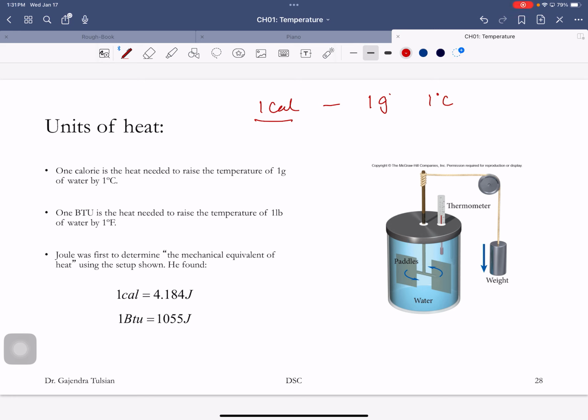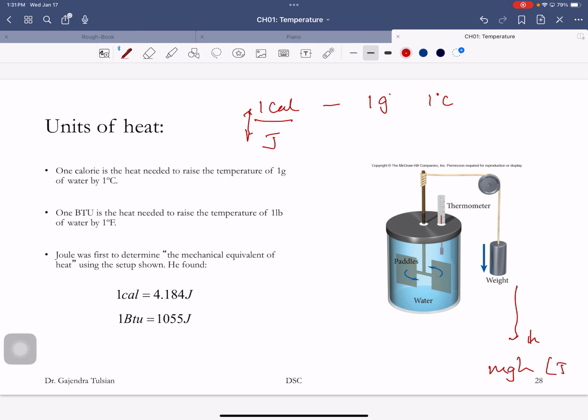Now, once they realized that heat is random kinetic and potential energy and all, they wanted to know how many joules is 1 calorie, okay? And Mr. Joule did this experiment. So what he did was he took this weight, and when the weight drops through a height h, the energy it loses is mgh.